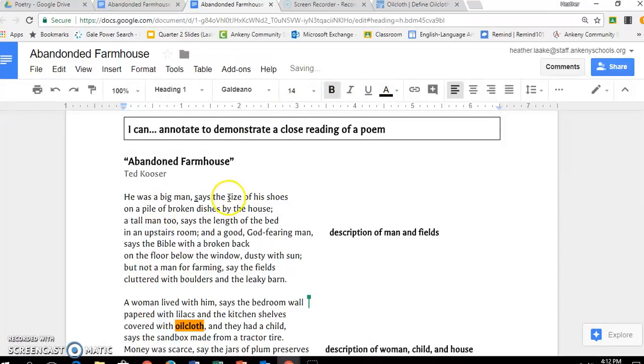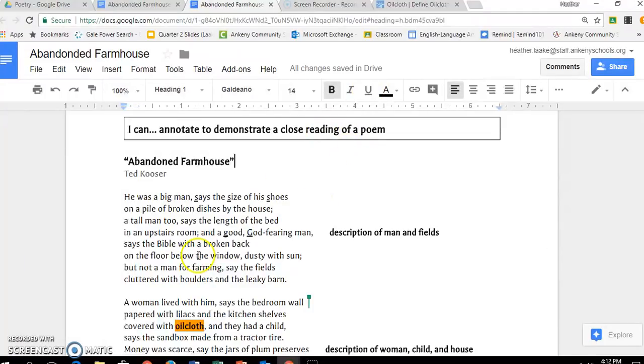So says the size of his shoes. So repetition of the S sound. In the fourth line, there's repetition of the G sound. A good, God-fearing man.